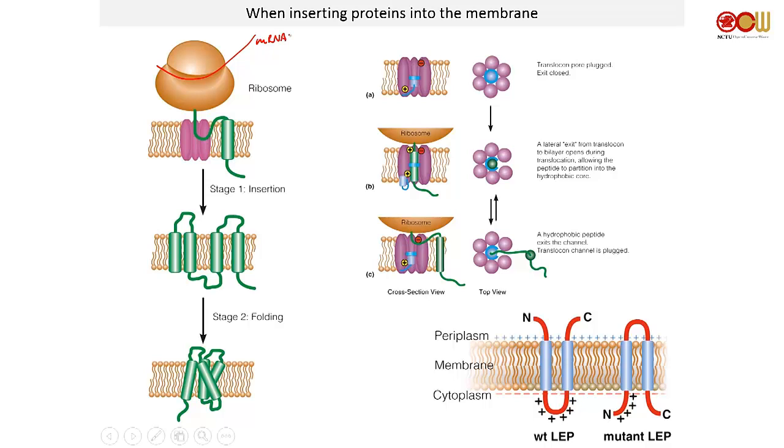So as it's doing translation, the polypeptide comes out, and then the ribosome will get close to the membrane, and you will spit out this polypeptide chain, and this chain will go into a hole. It will actually go into a channel that's inside of this pre-existing protein complex on the membrane.